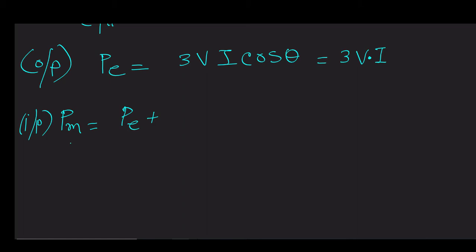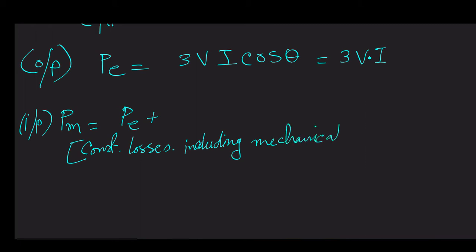Here, I would like to mention one thing. Constant losses, including our mechanical loss and core loss, all these losses are pretty constant, so they actually give you kind of a level shift, nothing else.